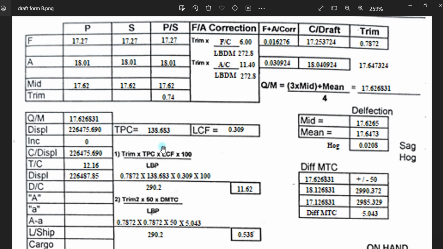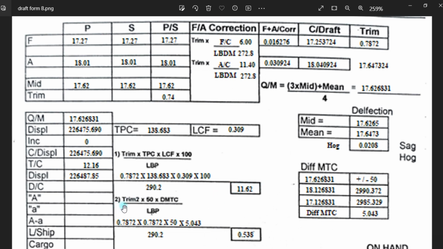And your LCF from this quarter mean drop is 0.309, which is this one, LCF, times the constant of 100 over LBP, which is 290.2. Multiply this all together, divide by 290.2, and the result will be 11.62. Okay, so I don't have to compute it, but this will be the result.